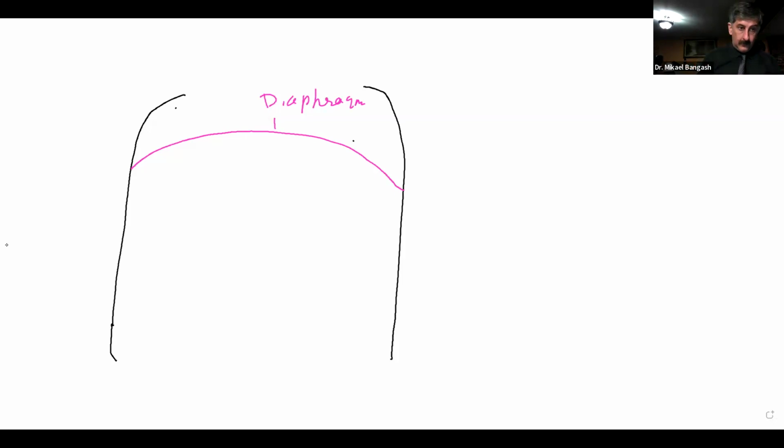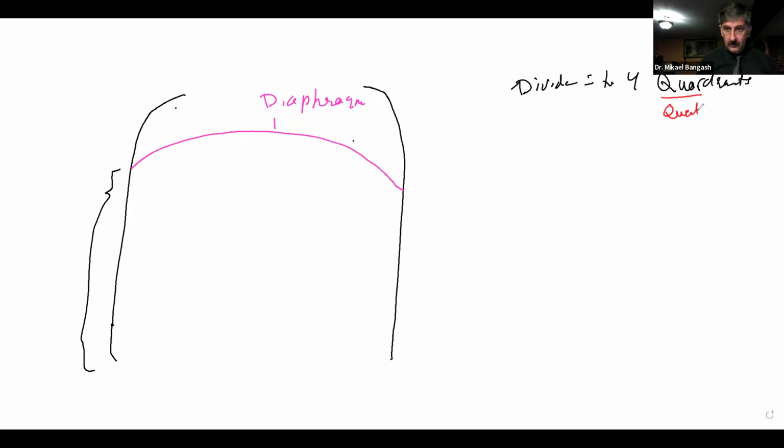Now, the first thing that we do is divide our abdominal pelvic cavity into 4 quadrants, which means quarters, so each is going to be 1/4.